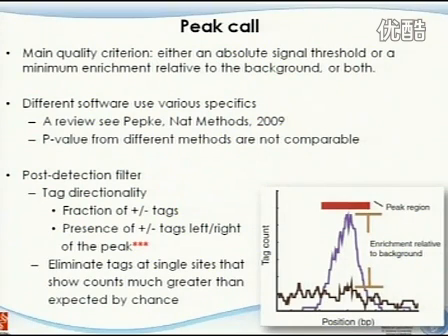And they also want to eliminate tags at single sites that show counts much greater than expected by chance. Which means that in some regions you might see something weird happen, like 100,000 reads stacking on one genomic location from the bottom to the top. All right, this is not a joke. We do see that.